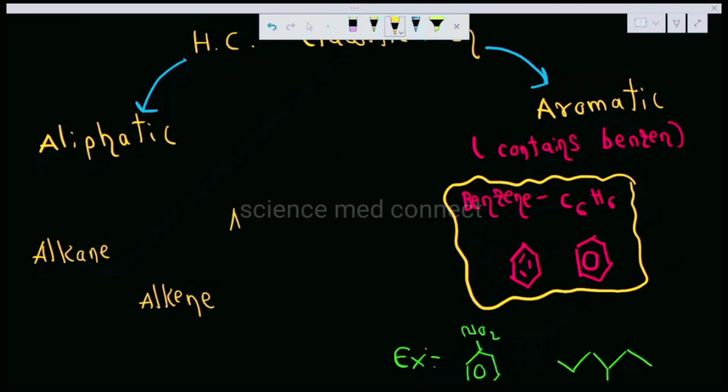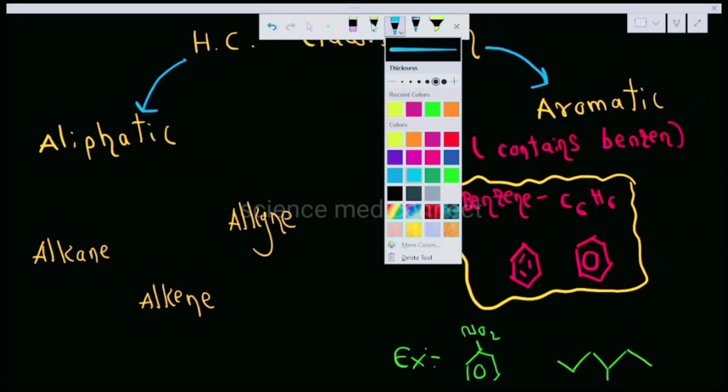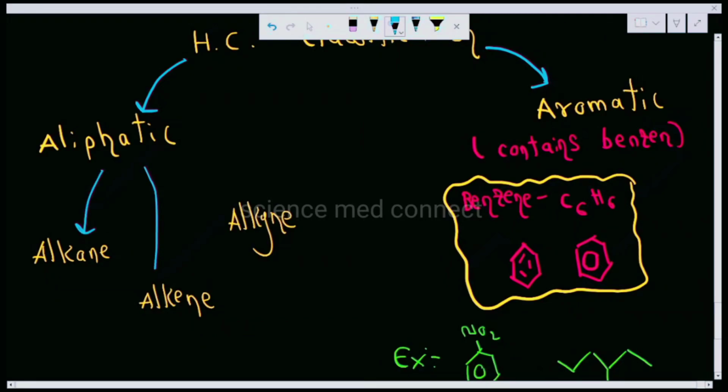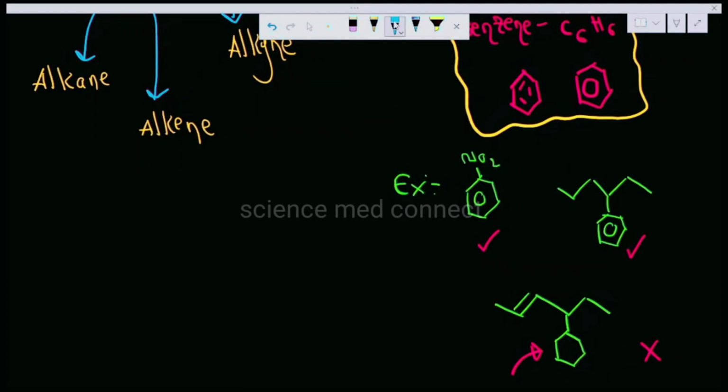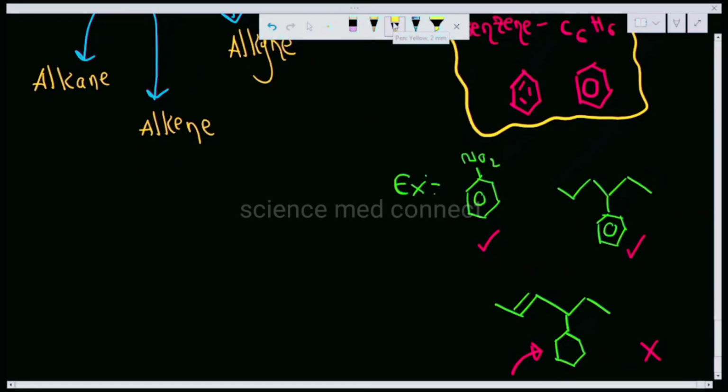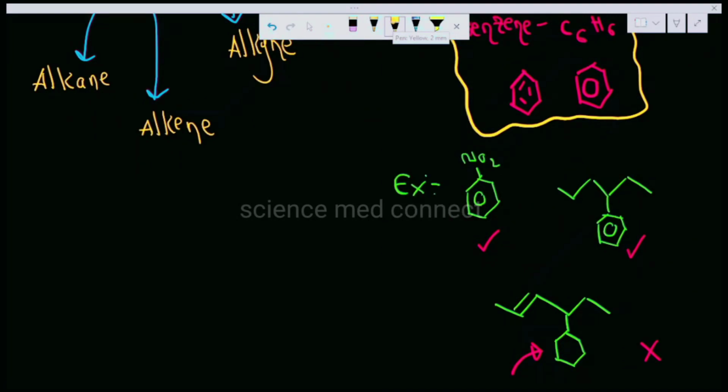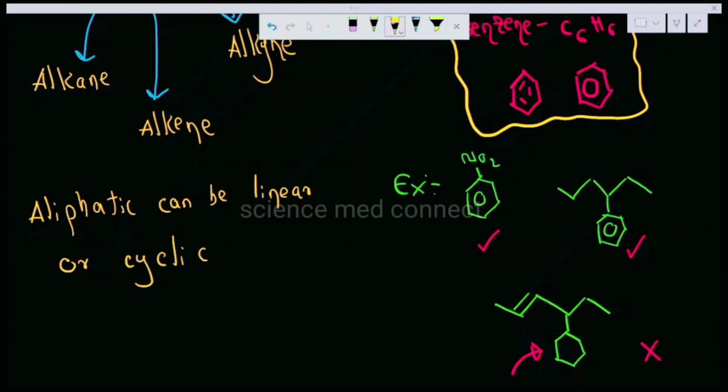So now let's talk about aliphatic hydrocarbons. Aliphatic hydrocarbons can mainly be divided into three groups: alkane, alkene and alkyne. Aliphatic hydrocarbons can be linear molecules or cyclic molecules.